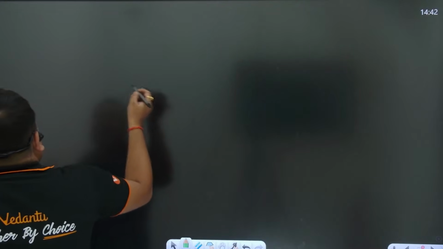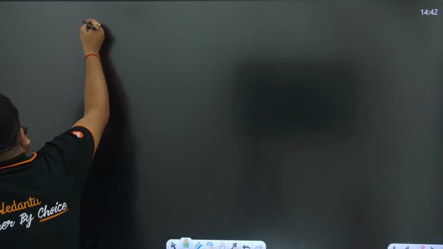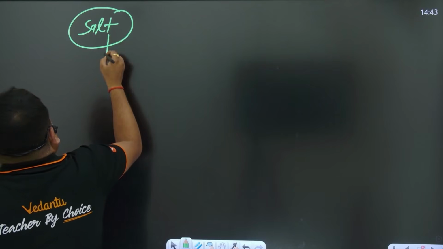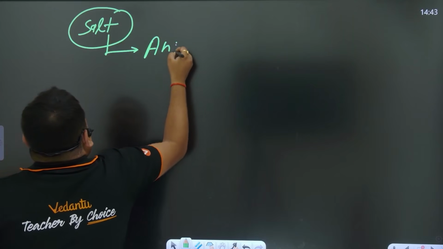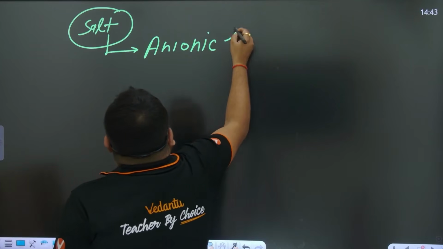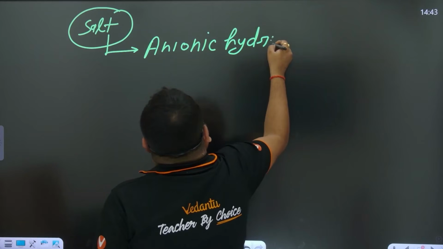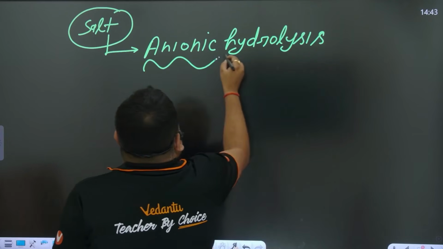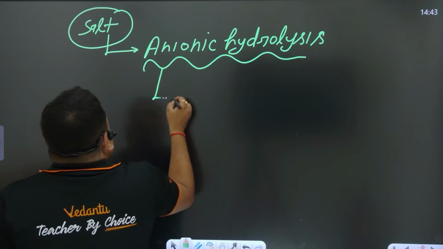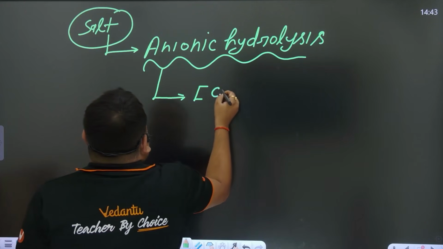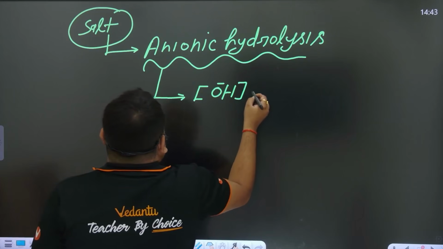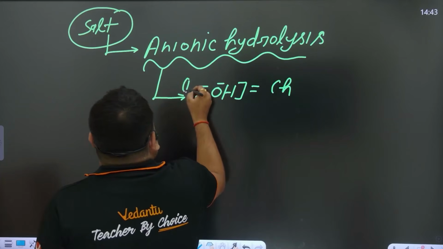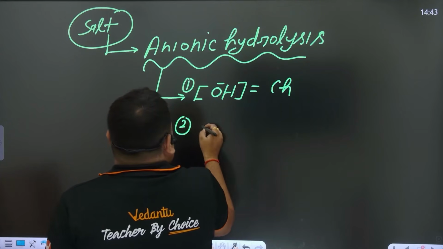So see, if any salt is given, and in that salt anionic hydrolysis is taking place, first you are able to calculate the concentration of OH minus ion, and this is equal to Ch. So first you have to use this formula. Now you have to calculate the h value.